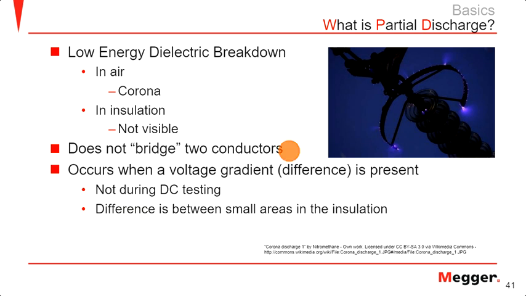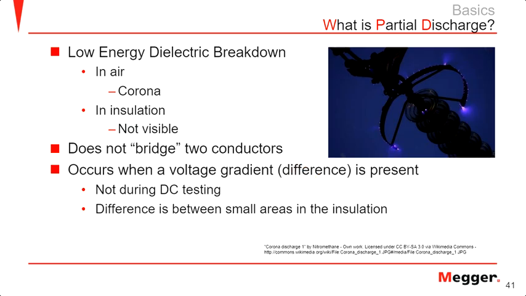It typically does not bridge conductors, so it's only happening within the insulation. It occurs when a voltage gradient or difference is present, so it does not occur during DC testing.